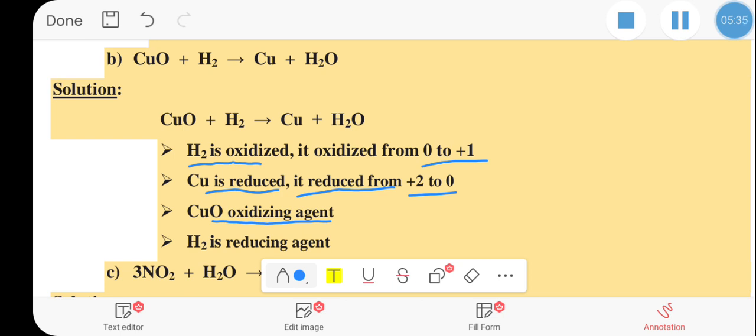Hydrogen gas is reducing agent because it is oxidized from 0 to +1. The substance that oxidized is reducing agent, and the substance that reduced is oxidizing agent.